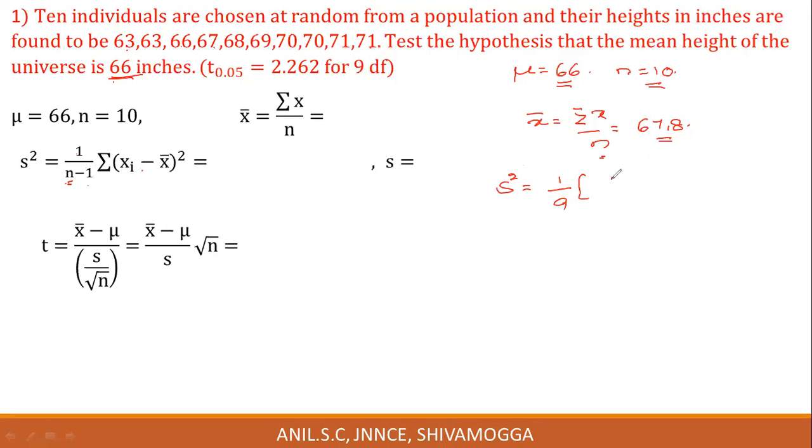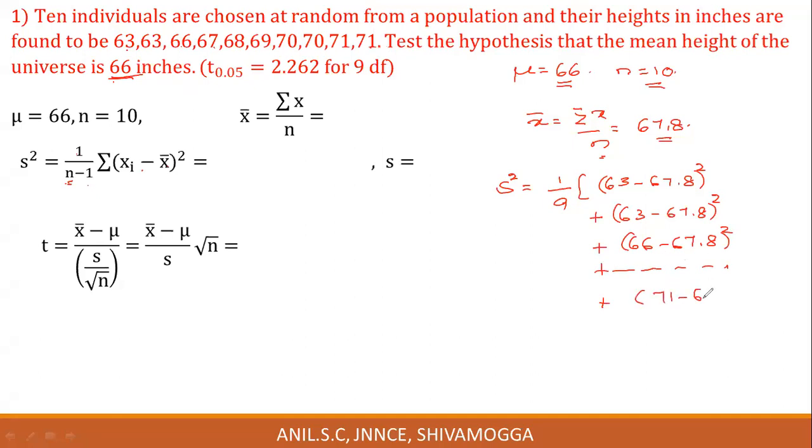Xi is 63, minus x bar, 67.8, whole square, plus again 63 minus 67.8 whole square, plus 66 minus 67.8 whole square, plus etc. And the last term will be 71 minus 67.8 whole square. Take a calculator and compute this value s square.